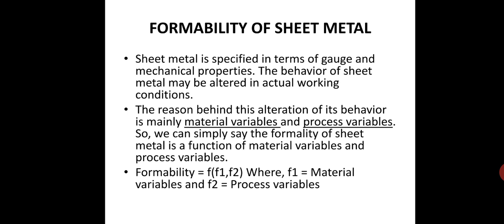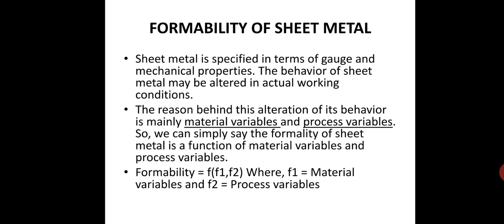So we can simply say the formability of sheet metal is a function of the material variables and the process variables. The sheet metal is specified in terms of gauges and mechanical properties. The behavior of sheet metal may be altered in actual working conditions. The behavior is changed due to the working condition of the sheet metal.